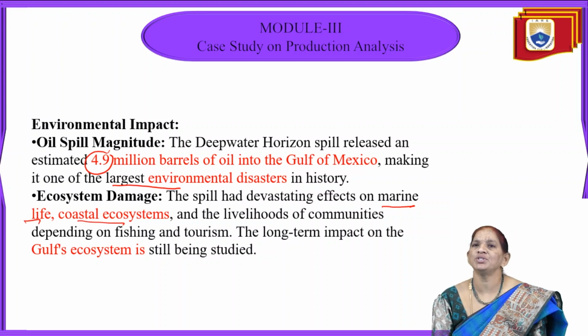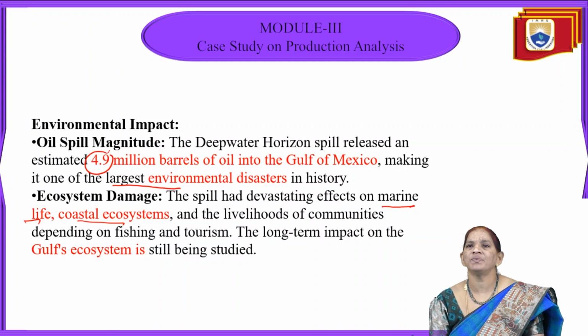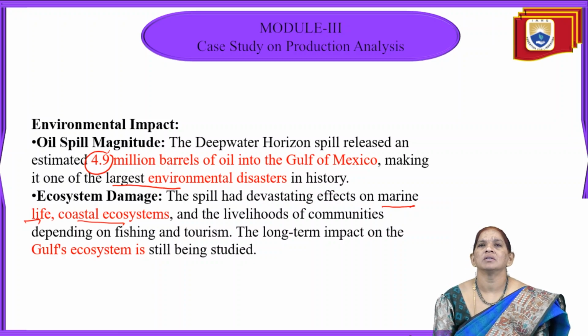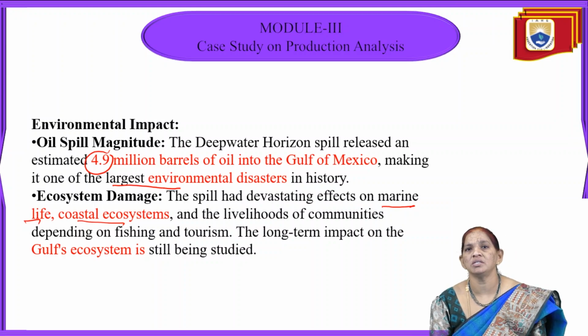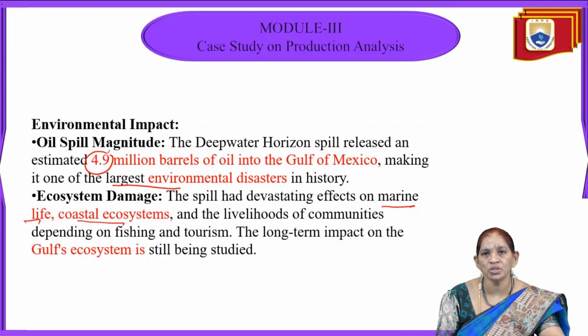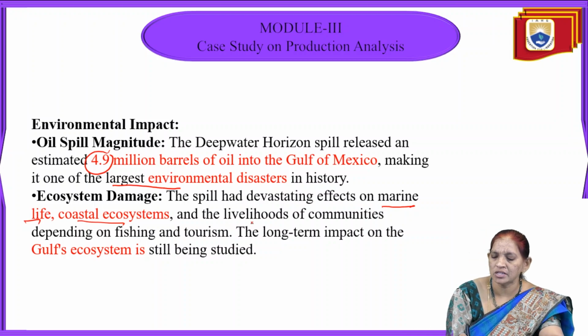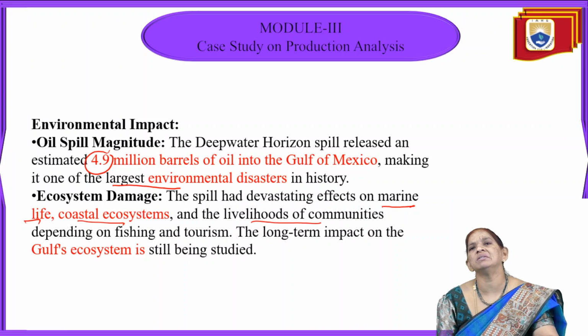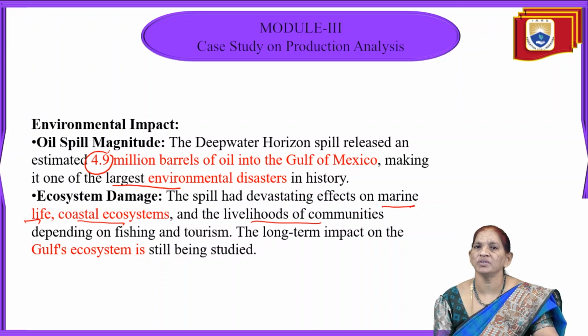Marine fishes and other creatures died in large numbers. In the same way, the coastal ecosystem and even the weather changed, and the pollution caused many hazards to the livelihood of communities, the people dependent upon fishing and tourism. Everything went into disaster for a number of years.